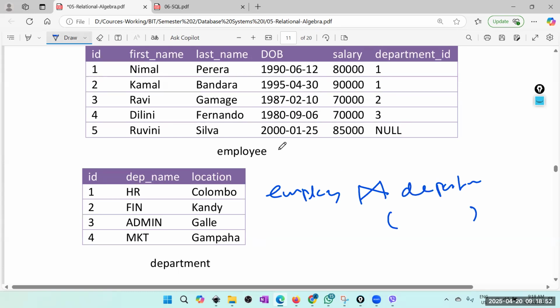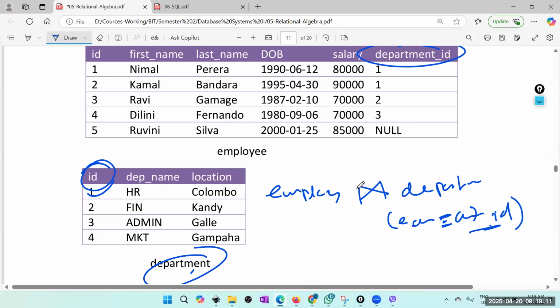So employee.departmentID equals department.id. That is your join condition, and this specifies that it is an inner join.